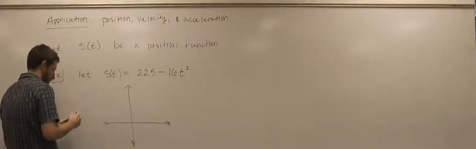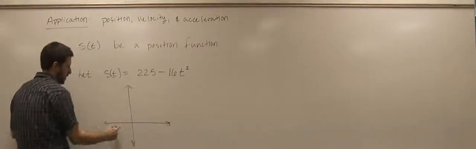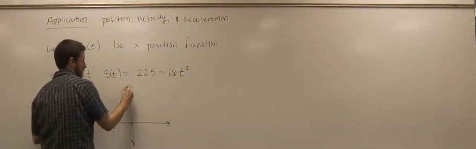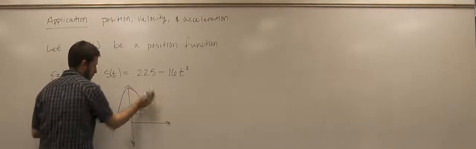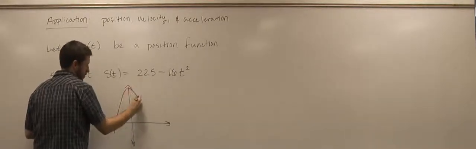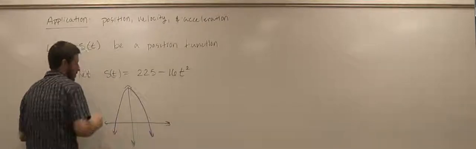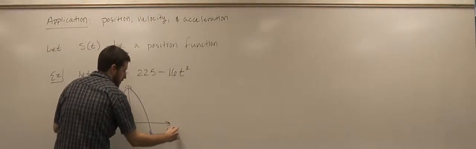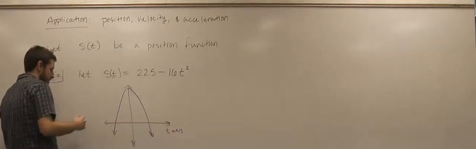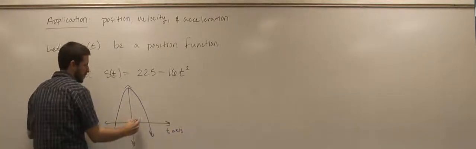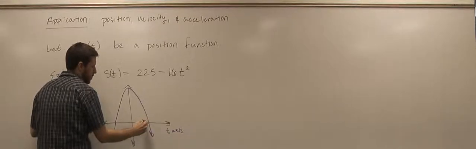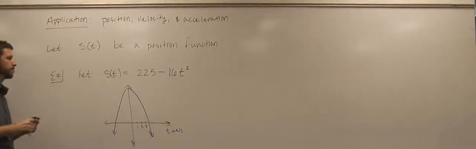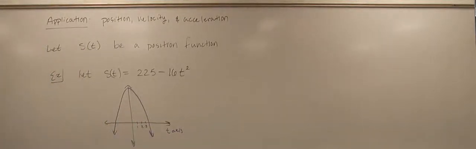A quick sketch of this might be, where this is your t-axis. You have different times on this axis, maybe 1, 2, 3: 1 second, 2 seconds, 3 seconds.